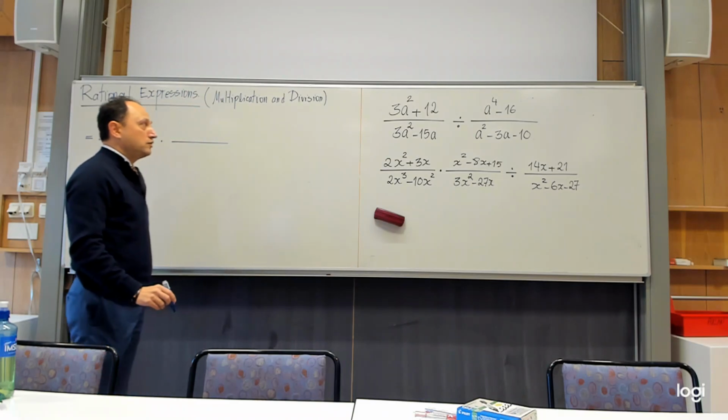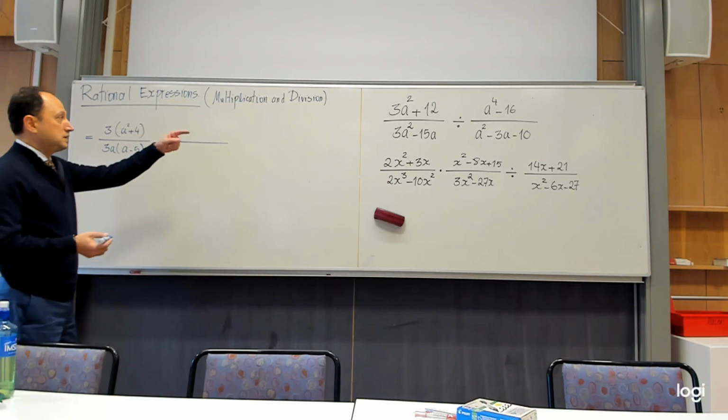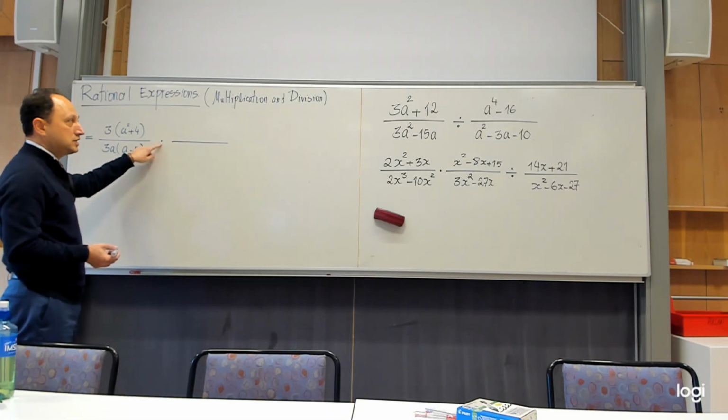If I ask you, can you factorize a to the 4 minus 16? What is the answer? Can you factorize it? A to the 4 minus 16. Yes, what's the pattern? Conjugate. It's a conjugate pattern. But it is in the numerator, I will write it in the denominator because I have already changed this to a product.